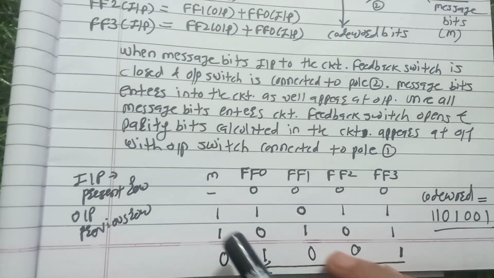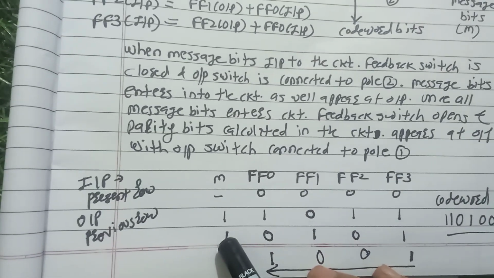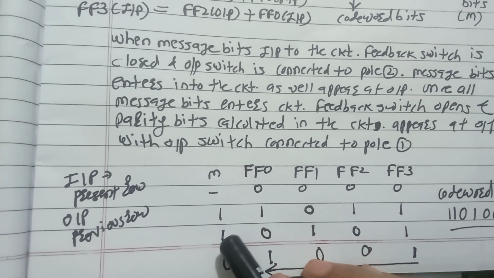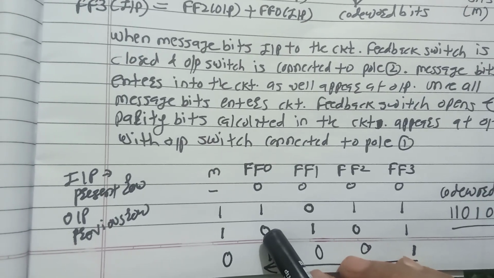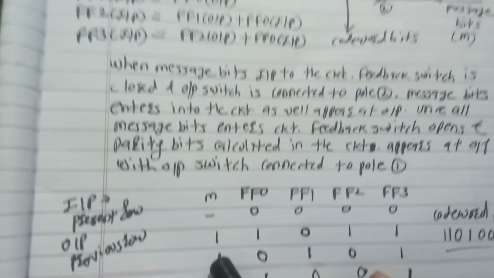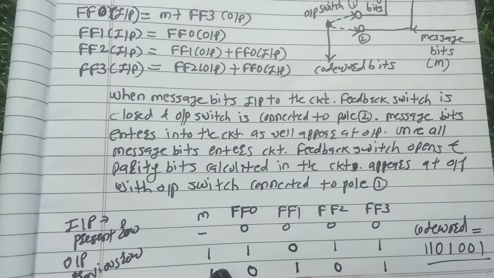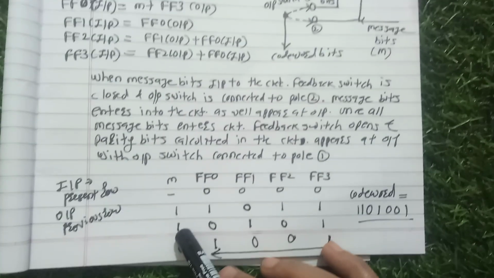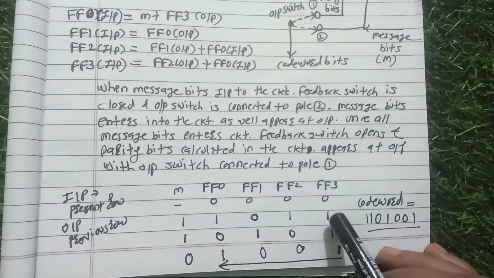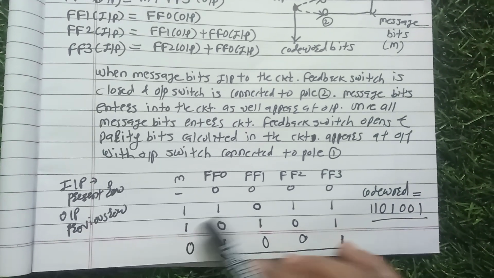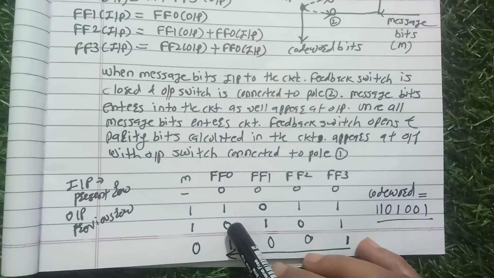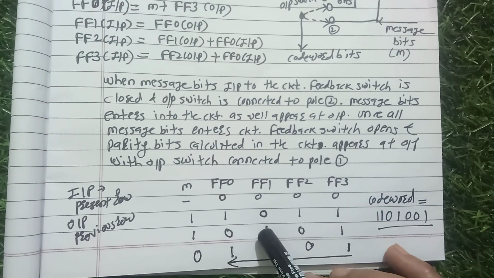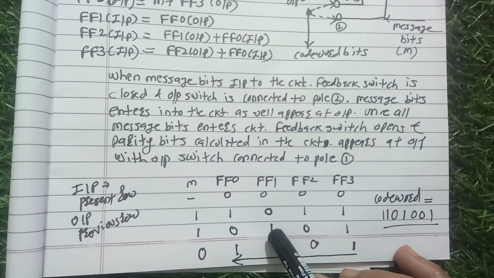Let us calculate for the next row. Flip-flop 0 input is equal to M plus flip-flop 3 output. M is this one, 1, plus flip-flop 3 output, 1. 1 plus 1, 0. Then flip-flop 1 input is flip-flop 0 output, from the previous row.